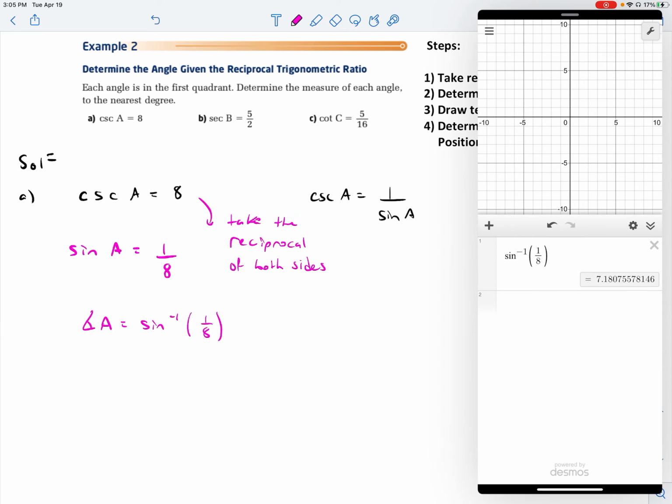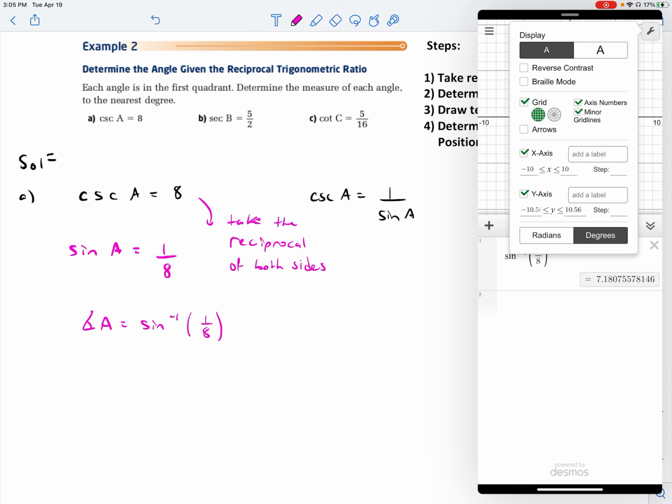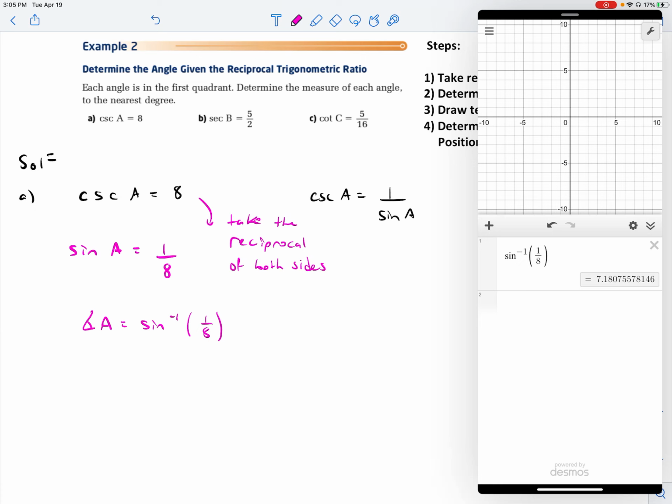I did this on the calculator here on Desmos. Make sure you are in degrees. Sine inverse of 1 over 8 gives 7.18. That's angle A, and yes, this is in the first quadrant, so everything worked out.